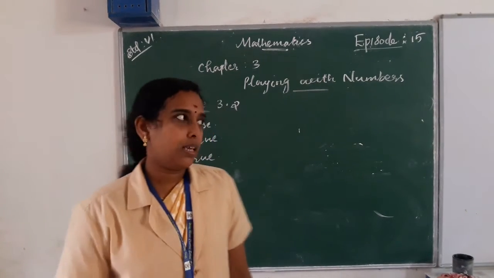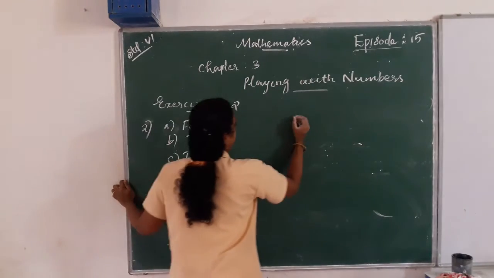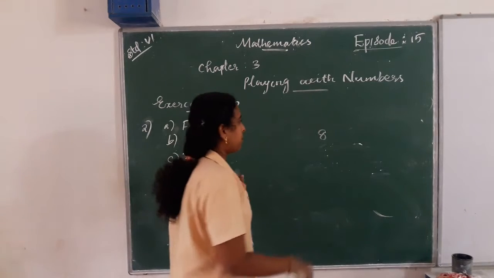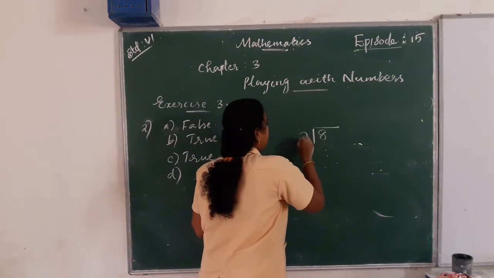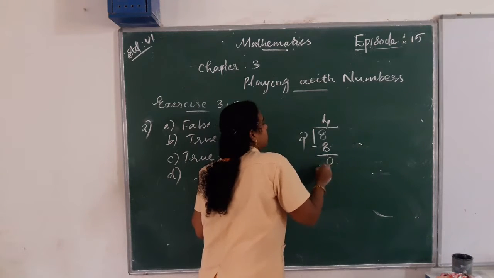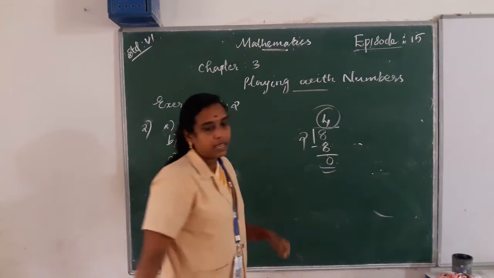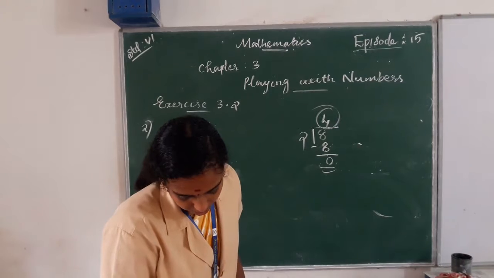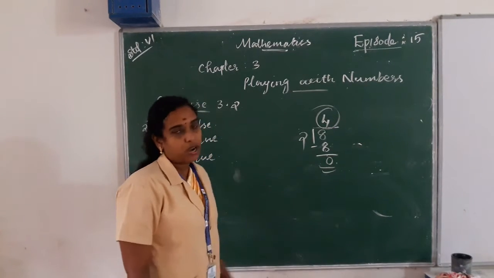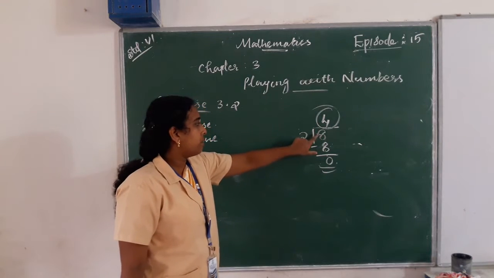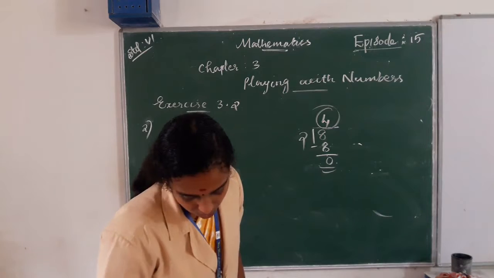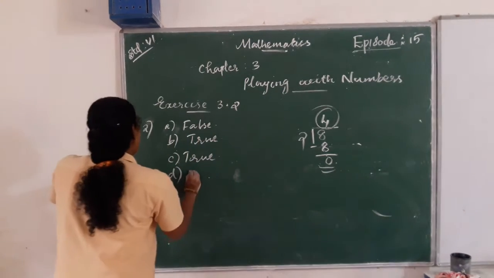Is it true or false? If an even number, say 8, is divided by 2, we get the quotient 4, since 2 fours are 8. So the quotient is 4, and 4 is an even number. Here the statement says the quotient is always odd. It is false, because when we divide an even number by 2, we get an even number. So the statement is false. So statement D is false.